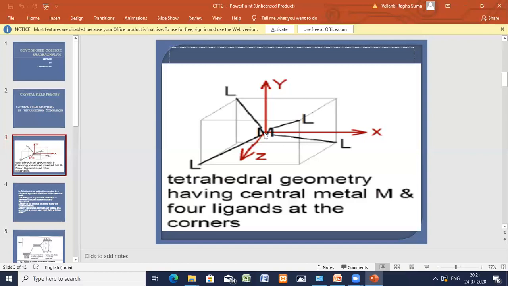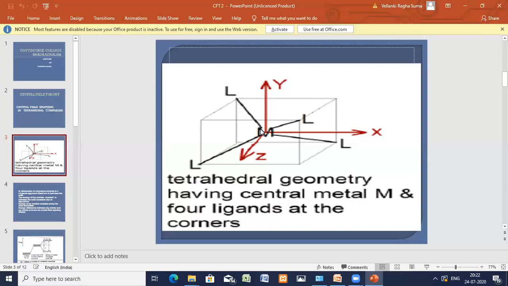Therefore, here the t2g set energy increases. The energy of the eg orbitals decreases. In this way, the 5 degenerate d orbitals split into 2 groups due to the difference in energy. The energy difference between these two groups of d orbitals is denoted by delta T.